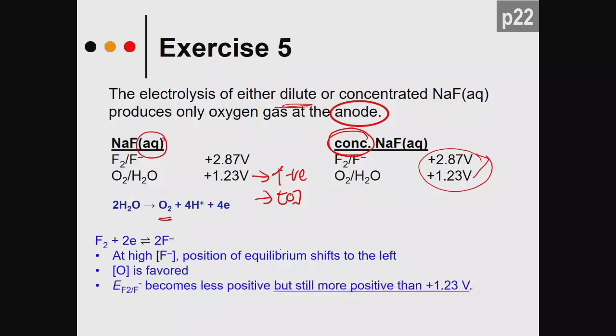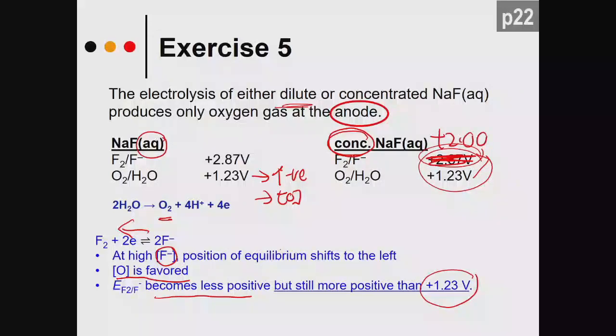I don't have to consider the concentration factor, because even though the concentration of F minus is very high, the position is shifted towards the left hand side where oxidation is favored, and hence E naught becomes less positive. But because the difference is so big, when the value drops, it will still be more positive than plus 1.23. So the value can drop to plus 2.00.